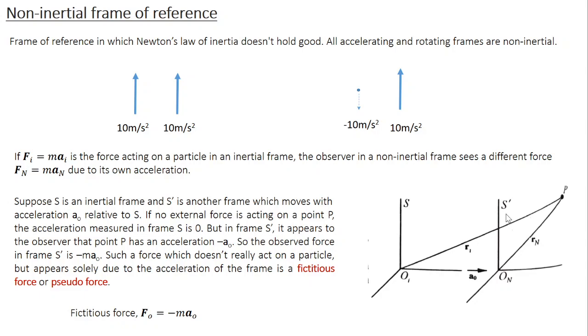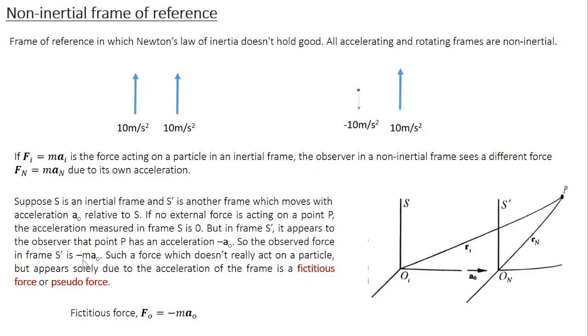On the other hand, if you are in the S prime frame, remember S prime is moving with an acceleration A0 towards the right. So when you observe the point P from the S prime frame, to you it appears that P is moving in the opposite direction with an acceleration minus A0. So the observed force in frame S prime is going to be minus MA0.